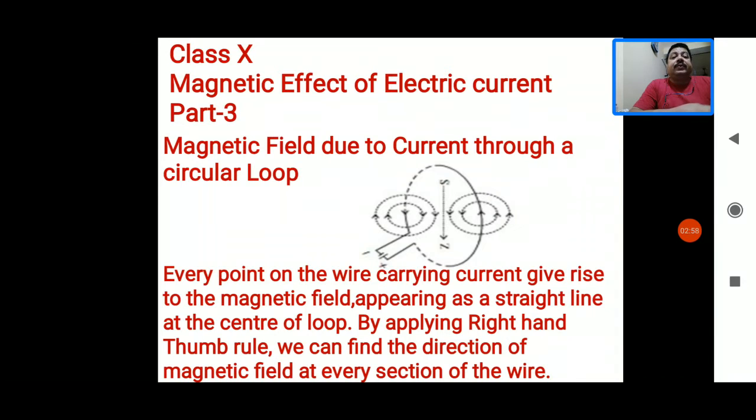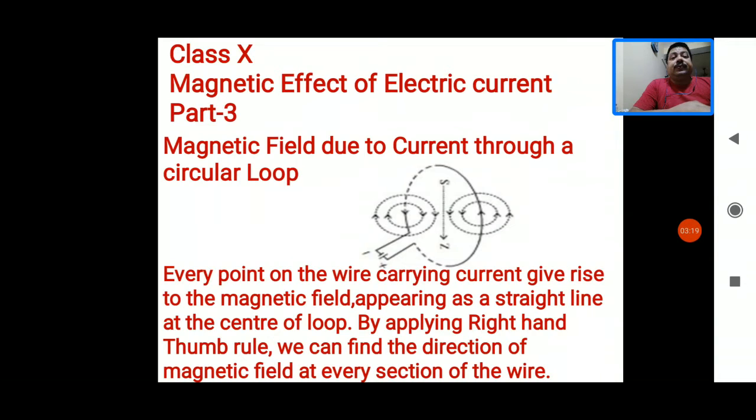Now we are going to discuss the magnetic field due to current through a circular loop. See, in this figure there is a loop, and current is flowing through it.